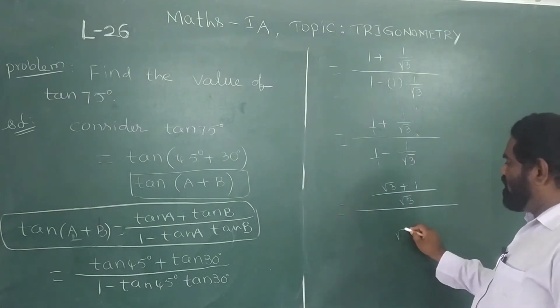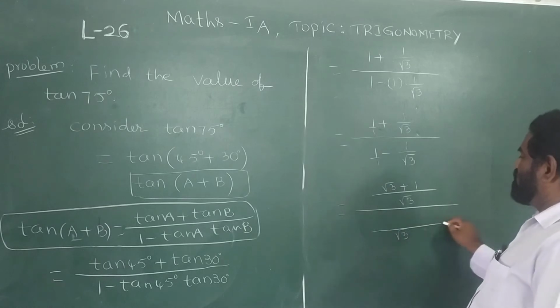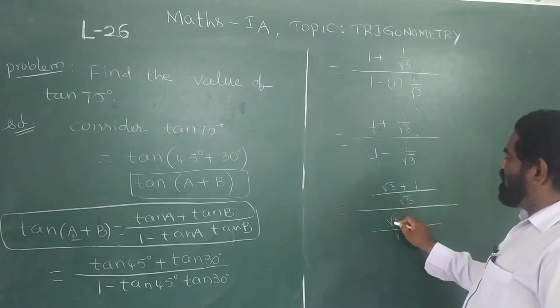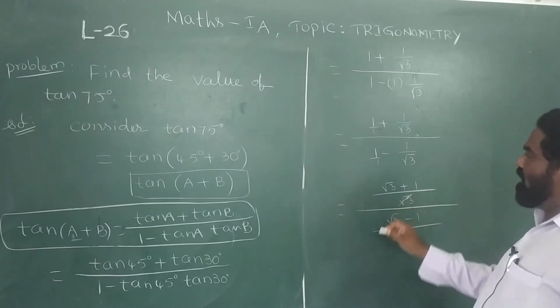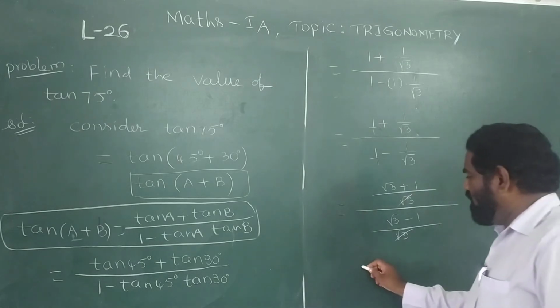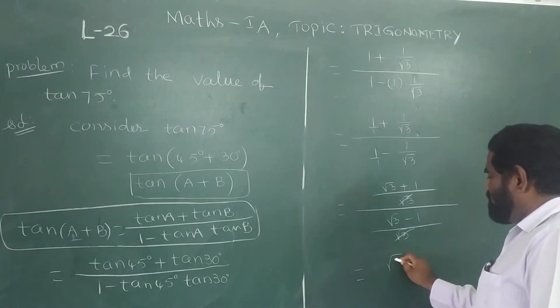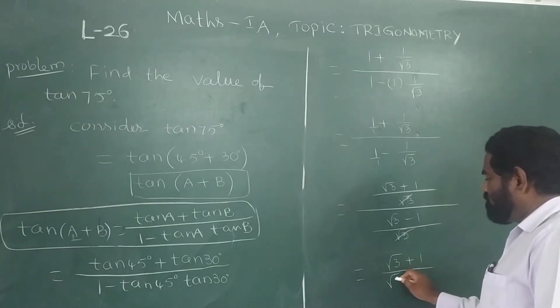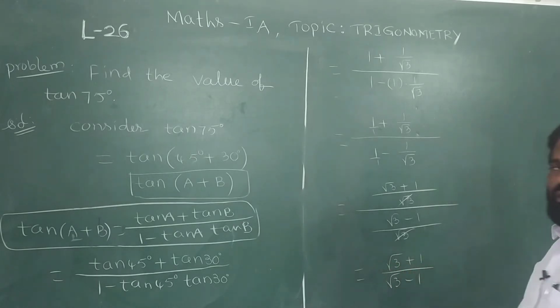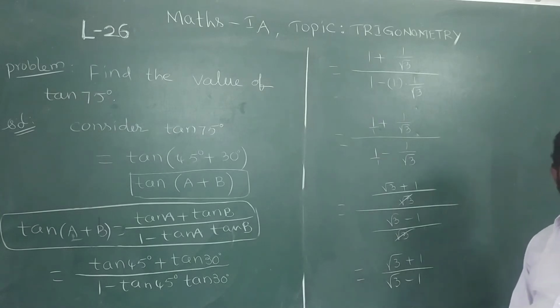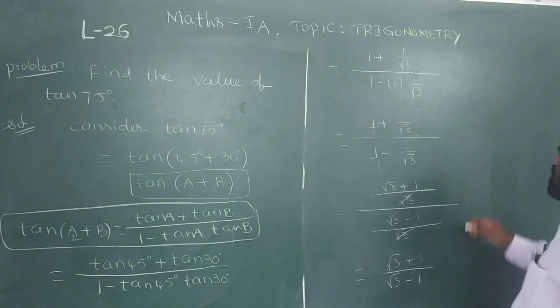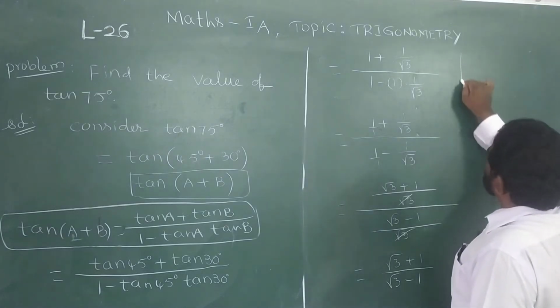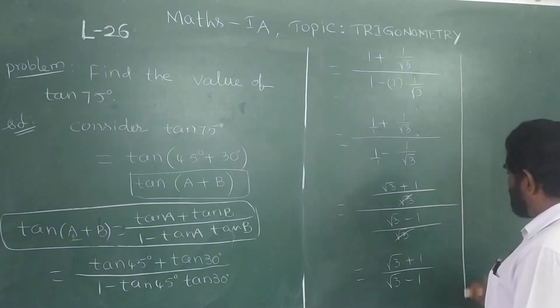In the denominator LCM is root 3. What will come in the numerator? Root 3 minus 1. Finally it will come as root 3 plus 1 by root 3 minus 1. When roots are there, we have to rationalize the denominator.